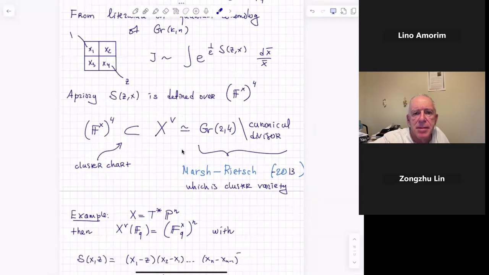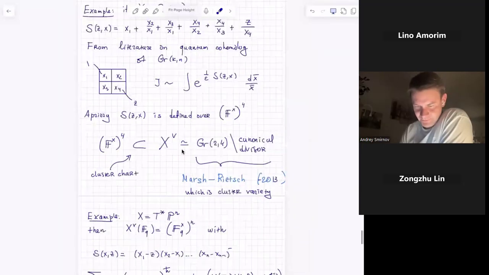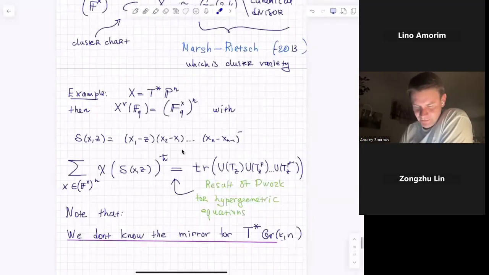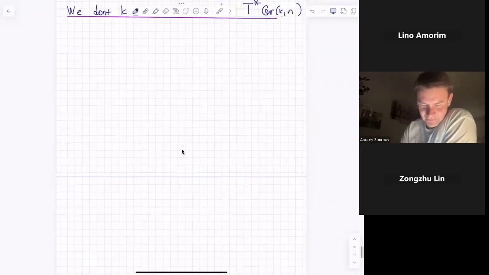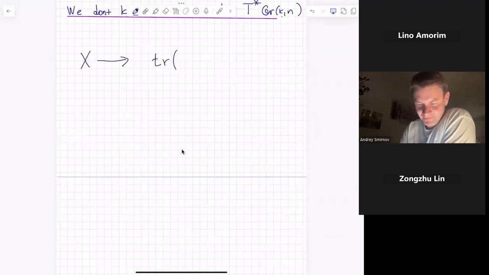No, it's in a sense. So as I said, my understanding is that if you have X, then you can construct this object, the trace of the Frobenius intertwiner. And then you want to say that this trace actually computes some sum over X of something like an additive character of some superpotential.